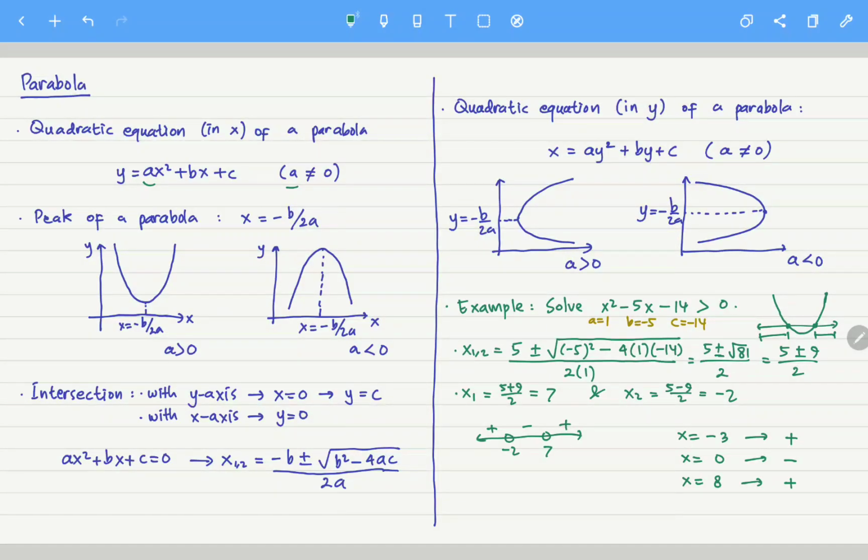And then we want this quadratic expression greater than 0, so we should choose the plus. So the solution set is from -infinity to -2 union from 7 to +infinity.